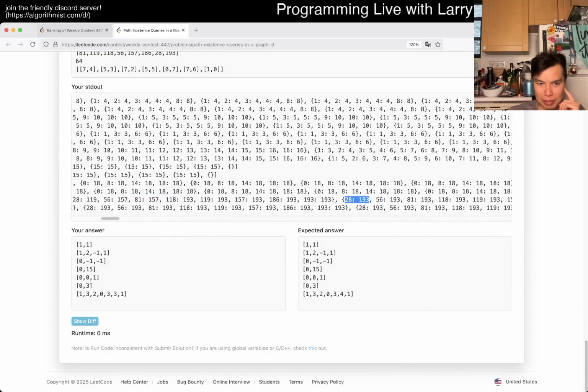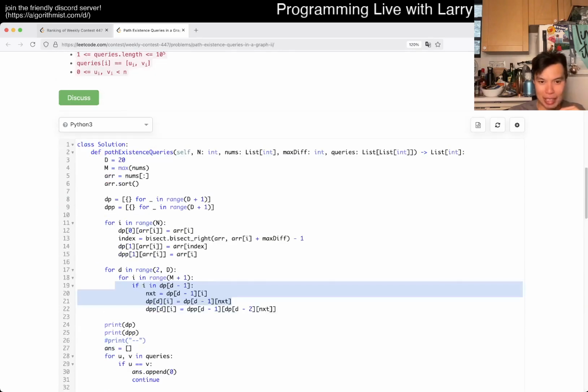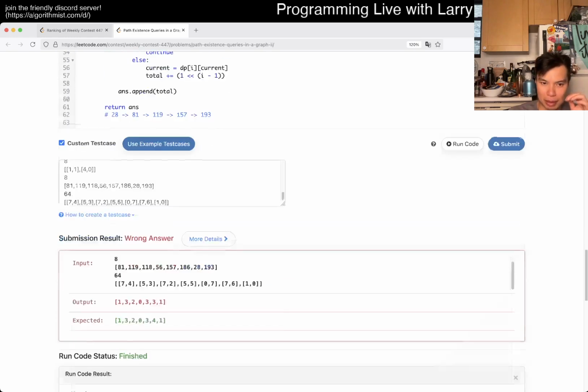So 4 steps is definitely right. But okay, so the D. Oh yeah, this part I could see why I'm possibly wrong, because I didn't really think about it that much. So this gives me a number and then do it dp minus 1. I feel like this should be right, but maybe I'm wrong here.